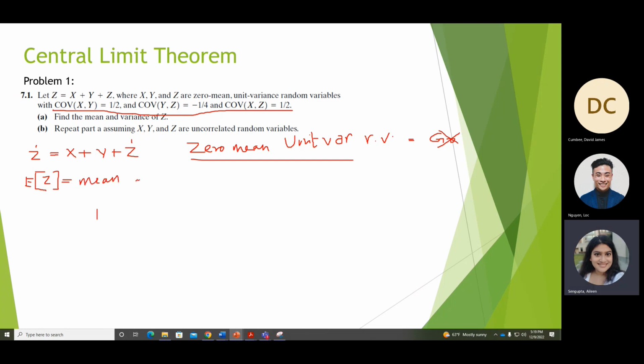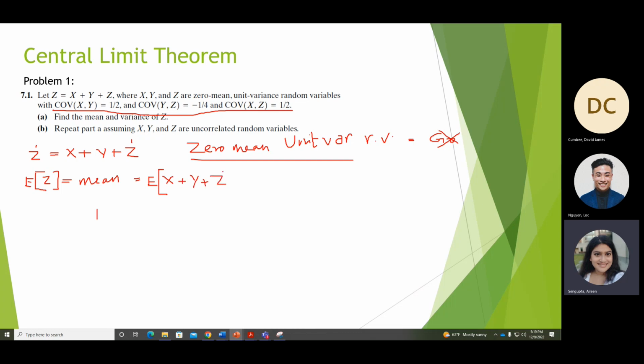Now, what is it equal to? We know x, y, and z. We don't know this z, so we are trying to find the mean of that z. What we can do is substitute this z. That z is equal to x plus y plus z.